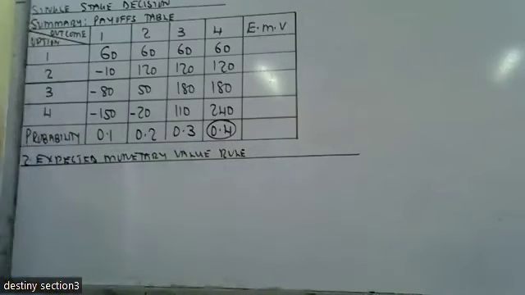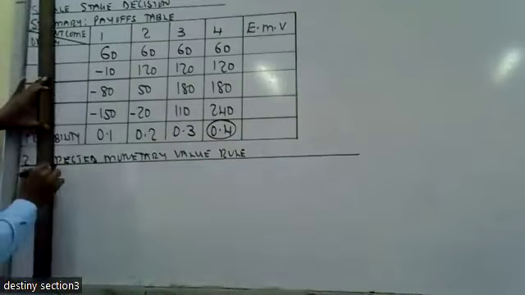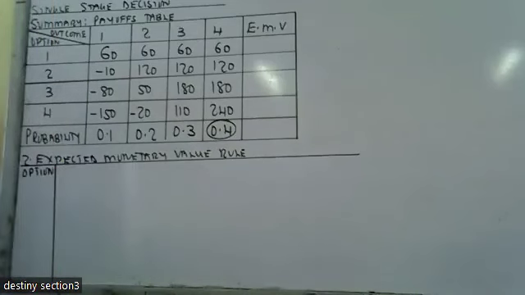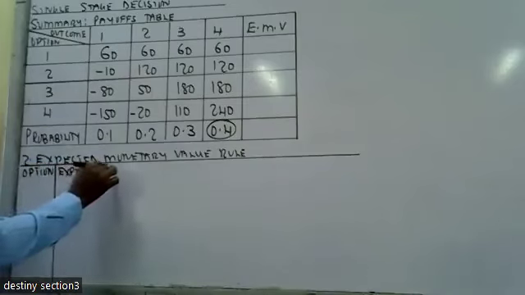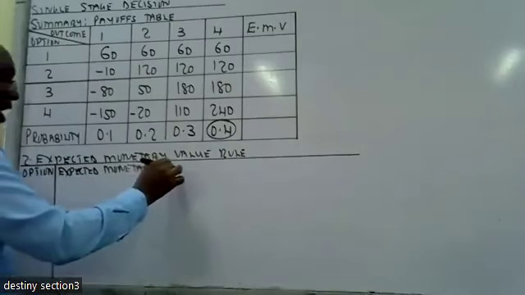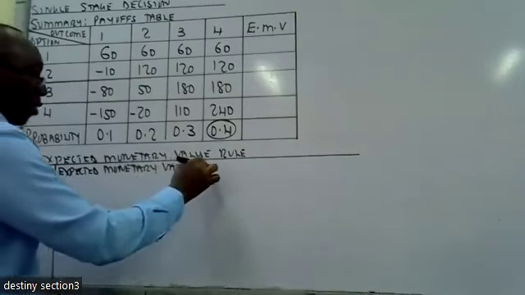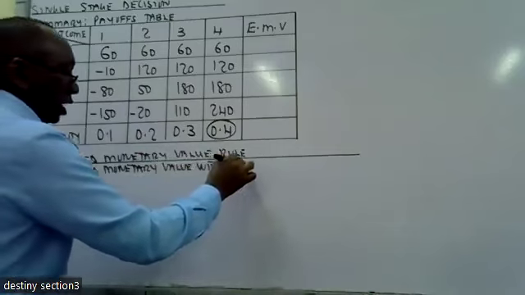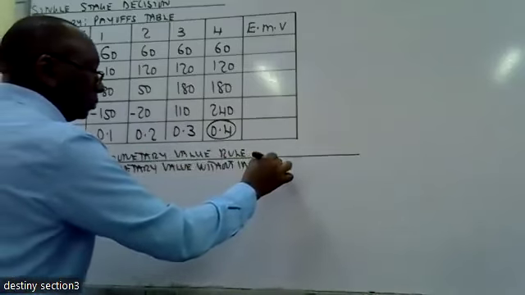Now, this expected monetary value rule, we have the option here, and then we compute something called expected monetary value without information.